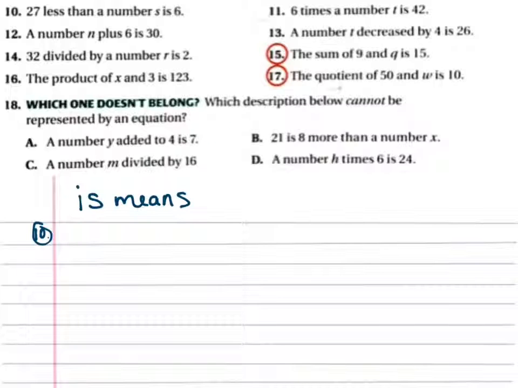Equal. So we have 27 less than S. How are we going to write that out? S minus 27, right? Is equals, and what does it equal? 6.